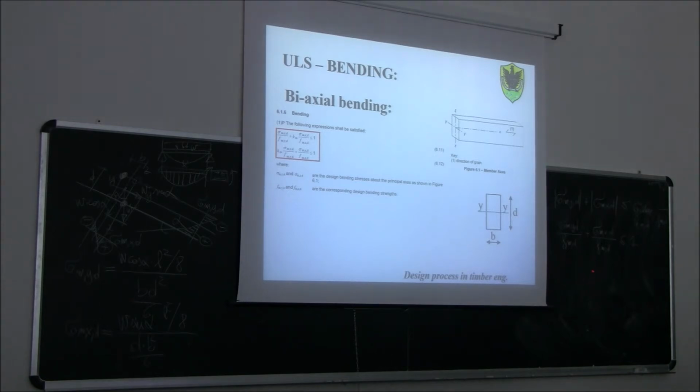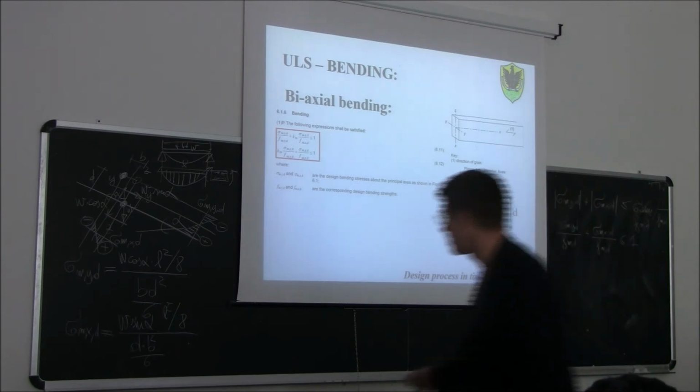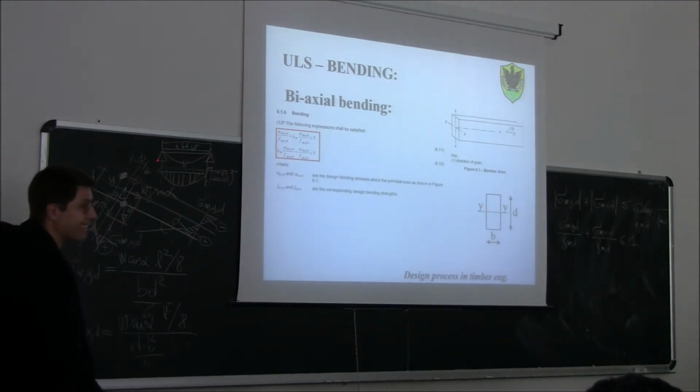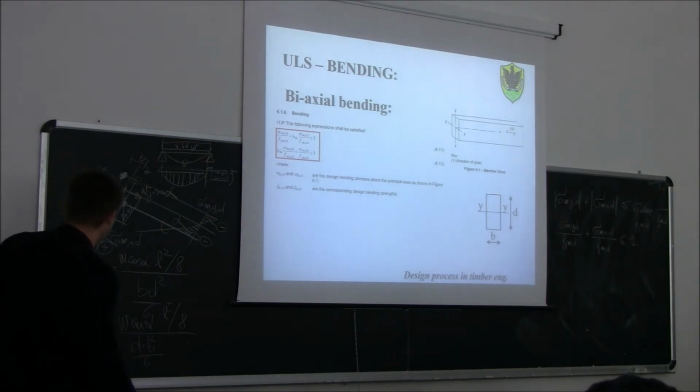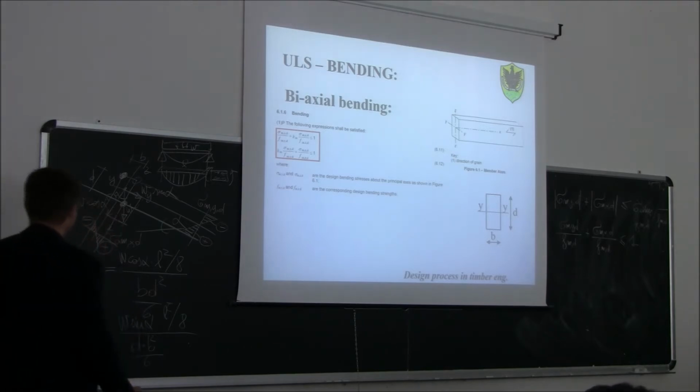Which other changes could we do here? Why is there, you see here, f m y d, f m z d? Yes, sorry. If we want to be more consistent, that's right, I made a mistake. Because we are talking about bending around the Z axis, not around the X axis. So this should be sigma m z d.